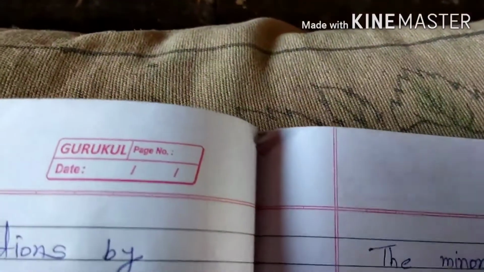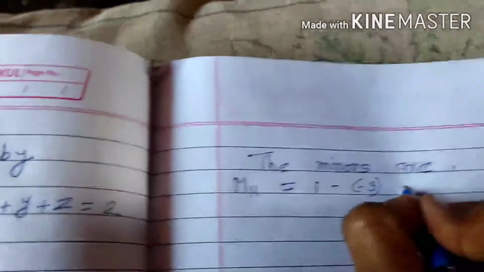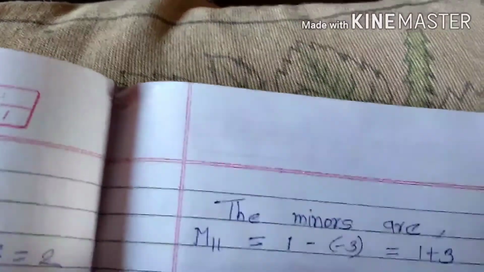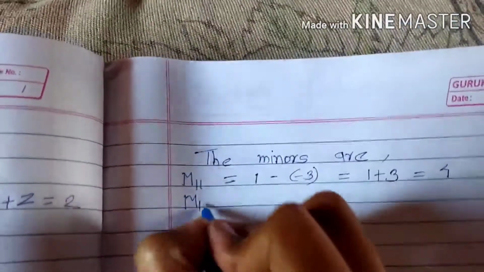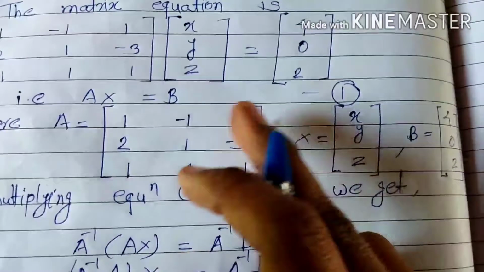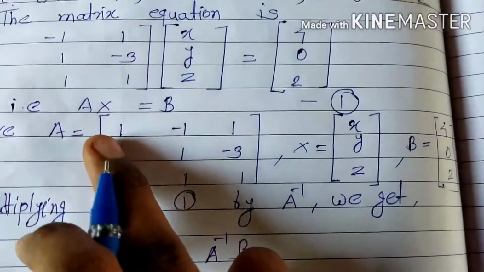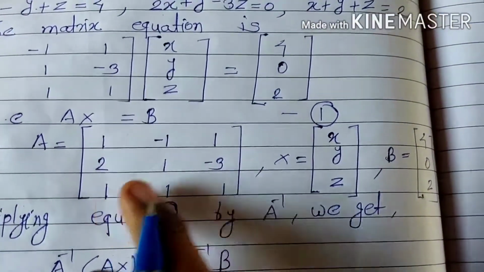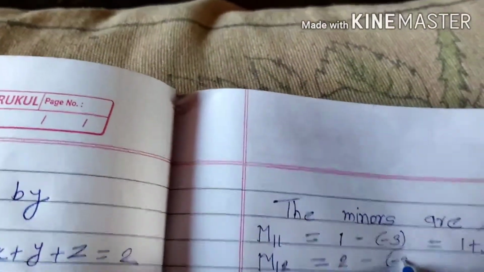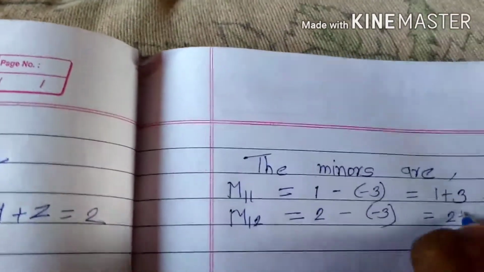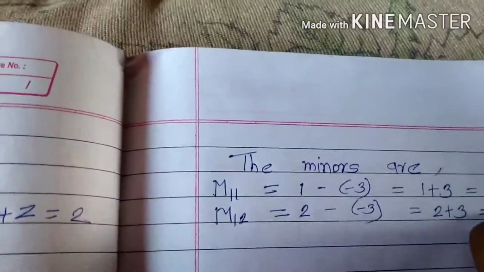So 1 minus minus 3 is equal to 1 plus 3 is equal to 4. Next, M12, deleting first row and second column, you get 2 into 1, 2, and 1 into minus 3, minus 3. So 2 minus minus 3 is equal to 2 plus 3 is equal to 5.